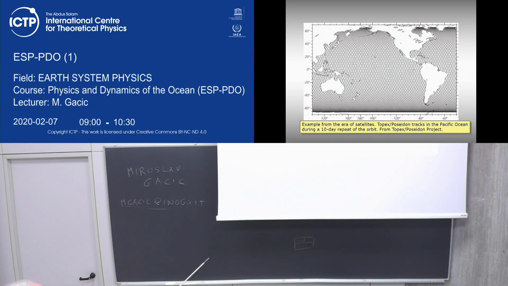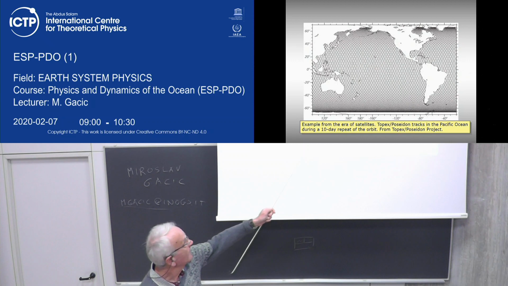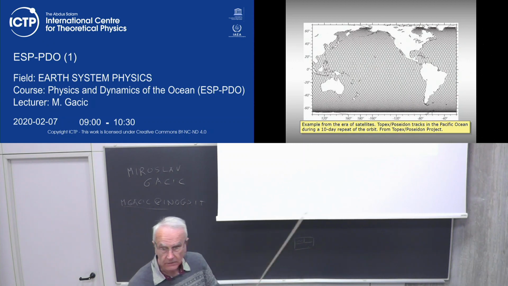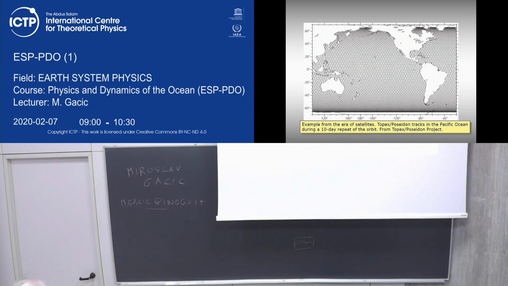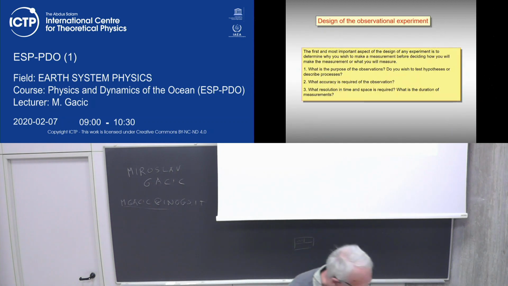You have a very nice horizontal spatial resolution, on the order of 10 kilometers. So every 10 kilometers you have the information. So you have very good temporal and spatial resolution, as we say. Okay, so this is how the idea of oceanography evolved.